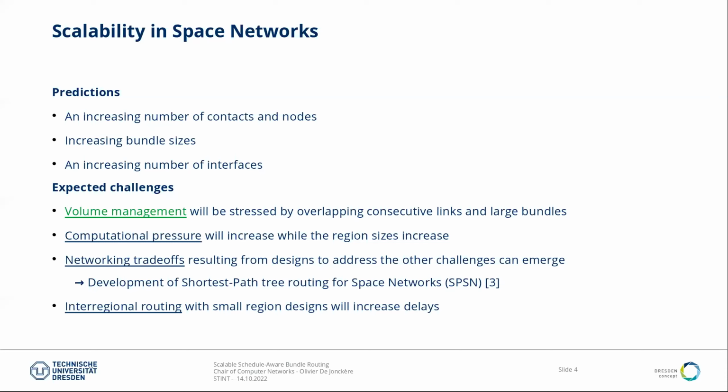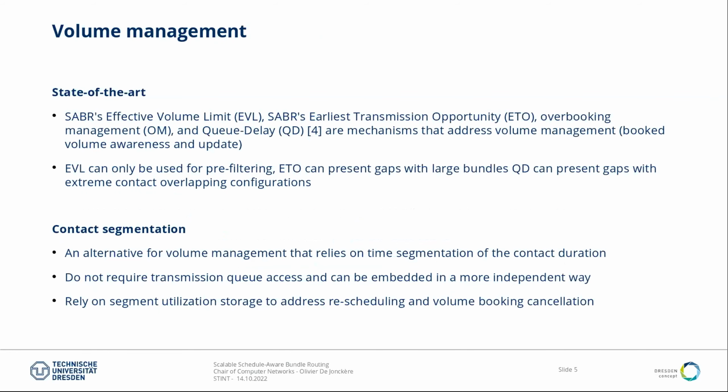Those three subtopics motivated the development of SPSN. And then there is also the interregional routing that can cause some concerns for the future. I will only cover the volume management today because it's compatible with CGR.